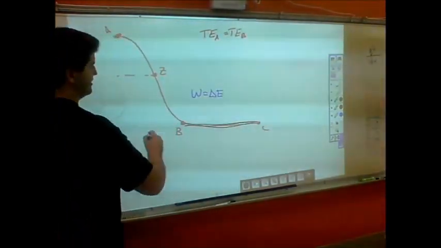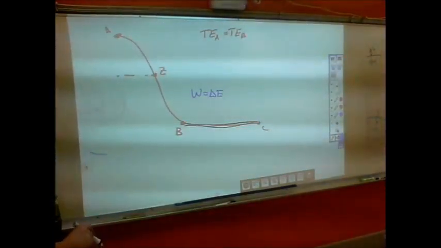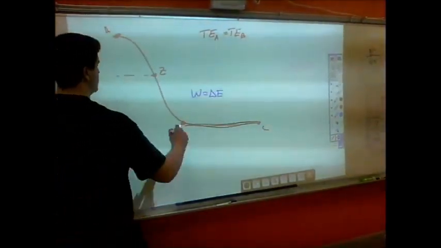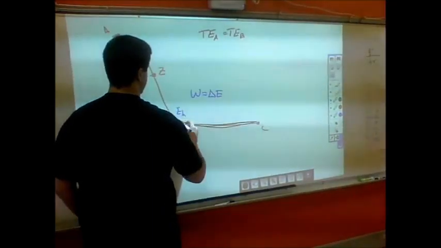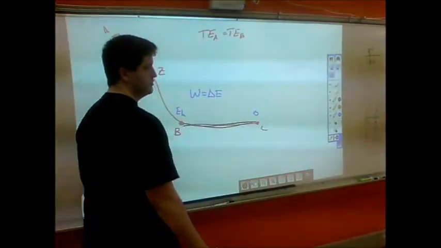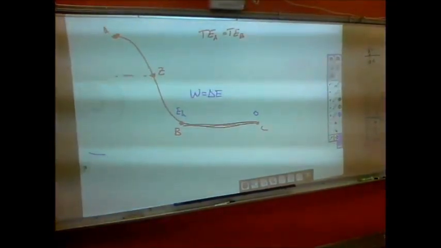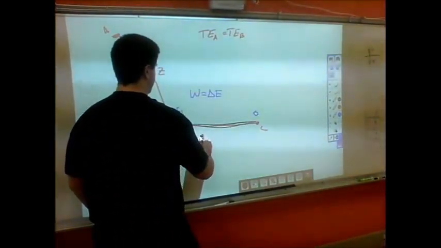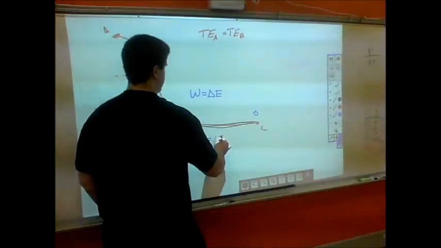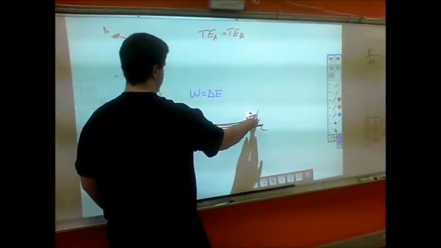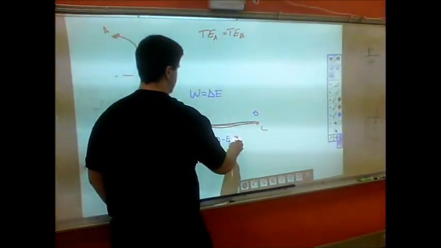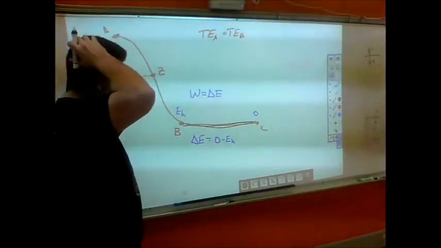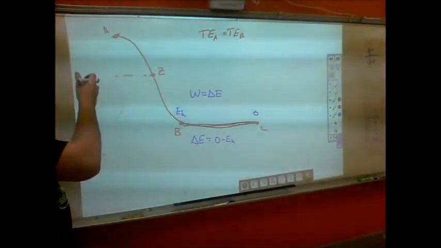What type of energy do we have at point B? Kinetic, right. So we have EK here, and 0 joules at C because it's completely at rest and on the ground. So our delta E becomes final minus initial, so 0 minus EK, and that's going to be equal to our work.